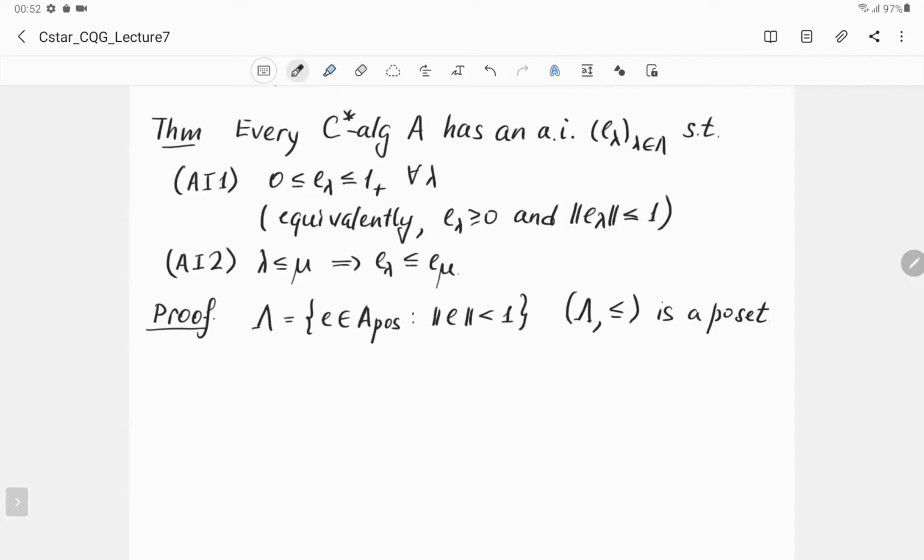First of all, we have to show that lambda is directed. This is claim 1. In fact, I'm going to show that lambda is isomorphic to the positive cone of A, the set of all positive elements, as a partially ordered set. And as a corollary, this implies that lambda is directed.